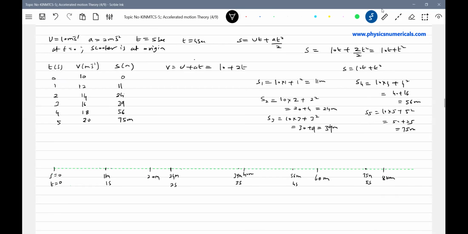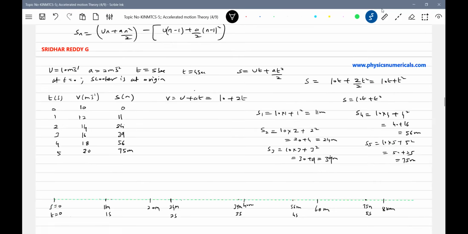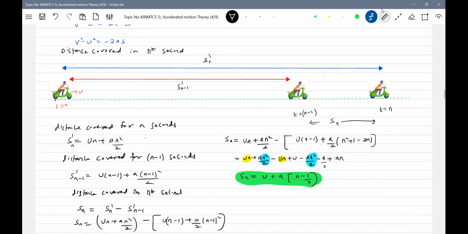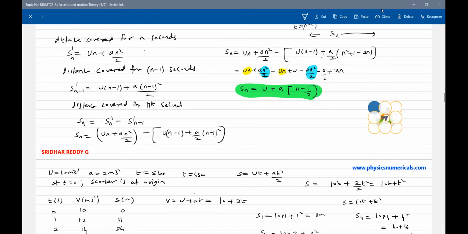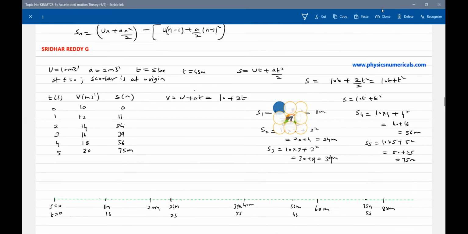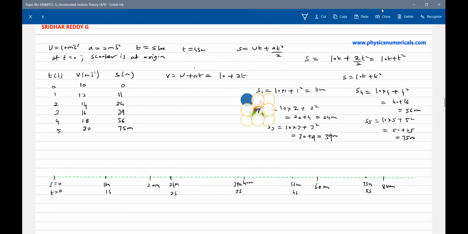Okay, where is our scooter? I would have just taken a particle. Many students find it very difficult. The moment I say particles, we are not understanding. Okay, scooter is here.